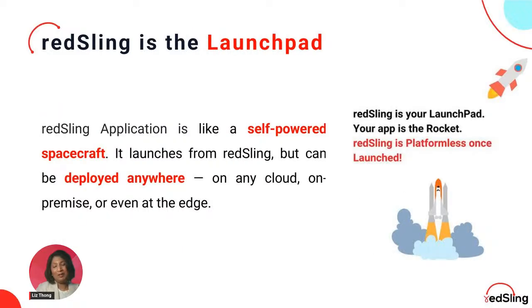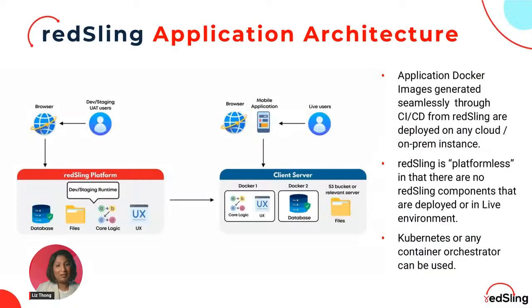And think of it this way. You look at a rocket, you have the launch pad to launch the rocket, but once the rocket is in space, the launch pad falls off and the rocket is independent of the launch pad. And that's a similar concept here, that redSling is there to enable you to build your custom enterprise application, and then redSling proprietary components are not required for your runtime. And so this is a platformless concept.